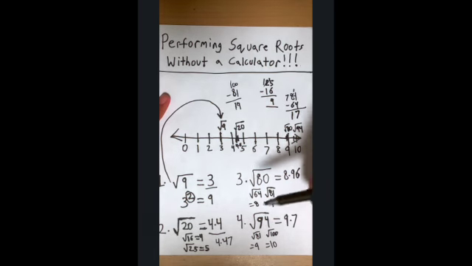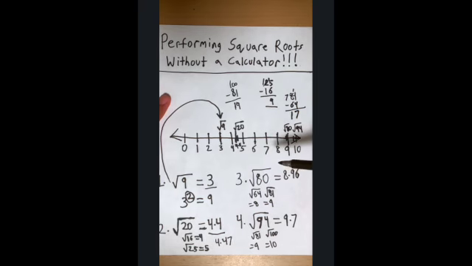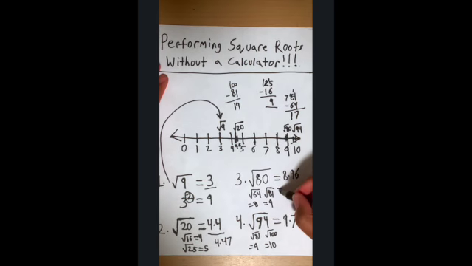So I was close to the actual answer. The square root of 80 is 8.94. So this one I was more accurate. I was 2/10 away. So I was accurate.